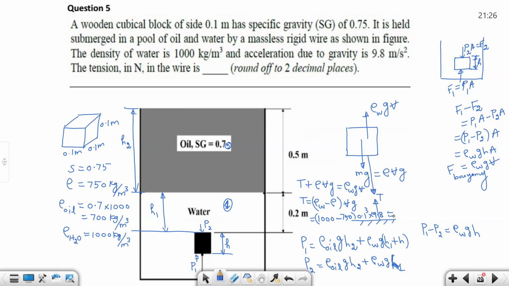So this much Newton is your tension, 2.45 Newton. So the tension will be 2.45 Newton, and the answer will be 2.45 Newton.